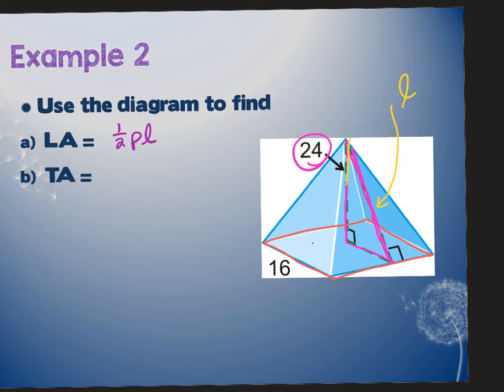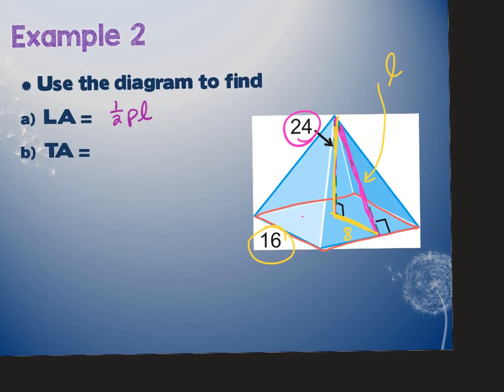So I have one side is 24, the other is half the side length. So if the side length is 16, that means this is 8. And then I have a right triangle with sides 8 and 24, and I need to know the hypotenuse, which is c squared. So I'd get 64 plus 576 equals c squared. 64 plus 576 is 640.